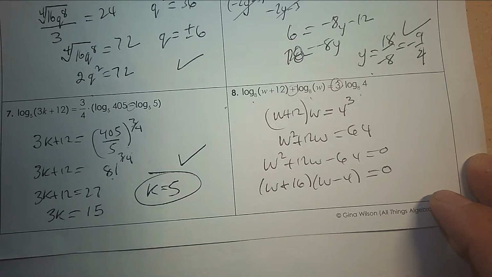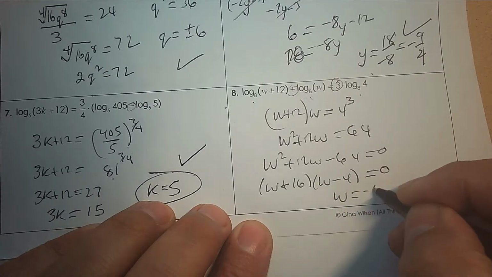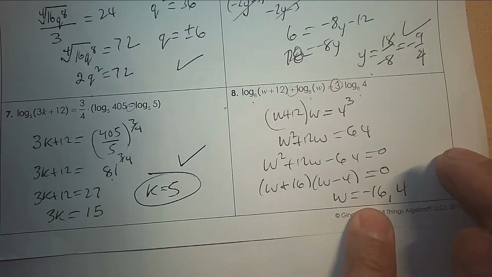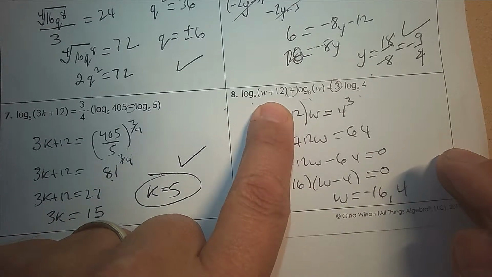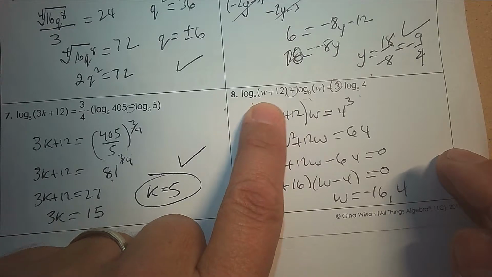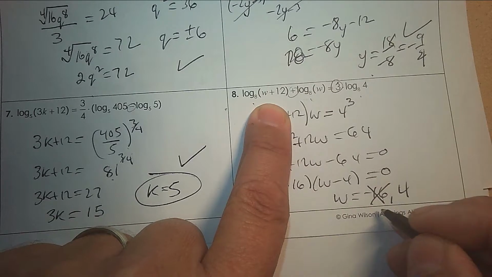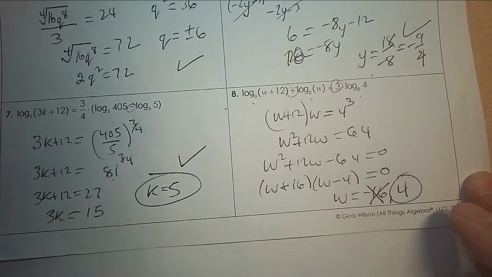So one answer is negative 16 and the other answer is 4. Negative 16, if I put that inside the logarithm, negative 16 plus 12 gives me a negative answer inside. So that's no good. That's extraneous. This is the only answer that works, positive 4. Turn the page.